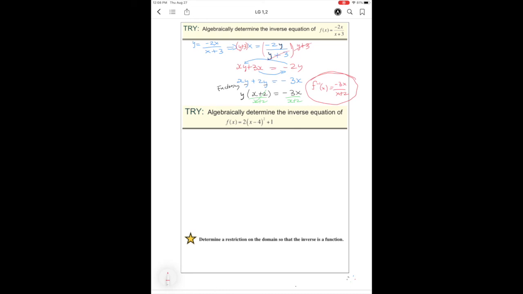Okay, so let's look at one more example here. Again, let's change this to a y. Interchange. Okay, so what are we going to tackle first? Just remember reverse BEDMAS. So we're going to subtract 1 from both sides.